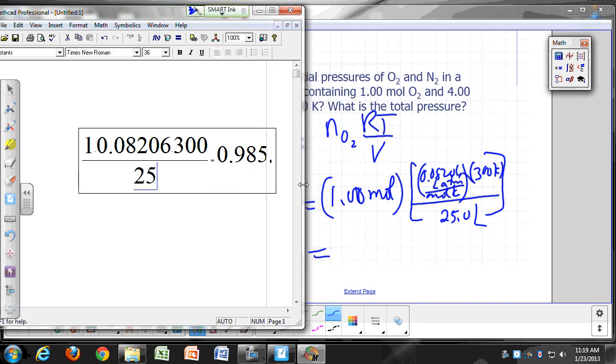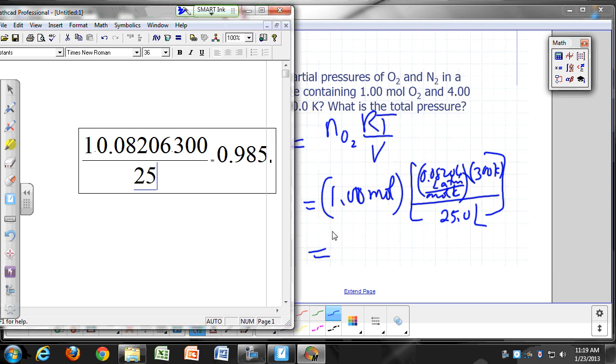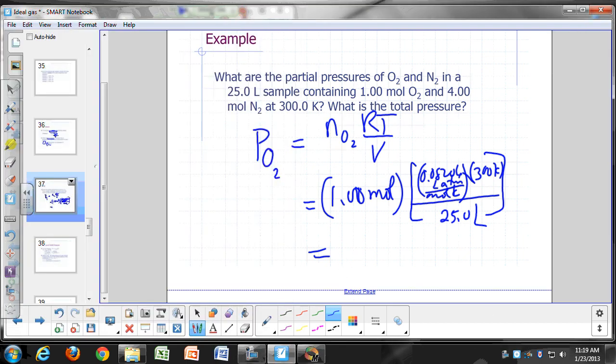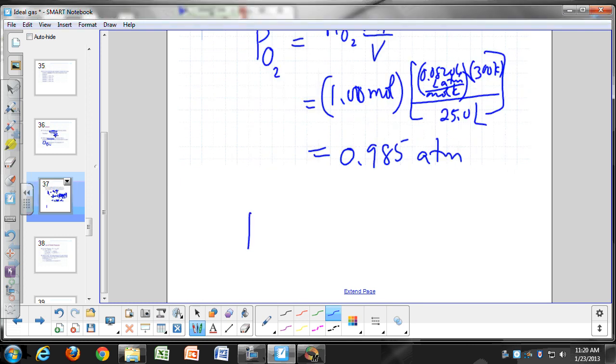It's 0.985. So what you're getting? So it's 0.985 atmospheres.